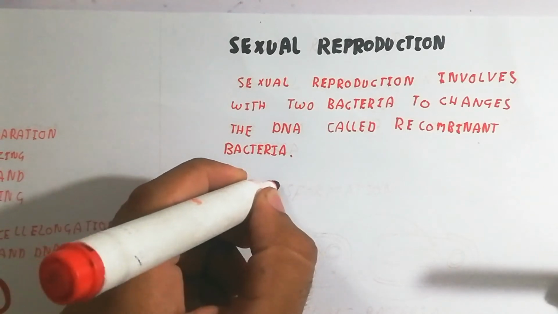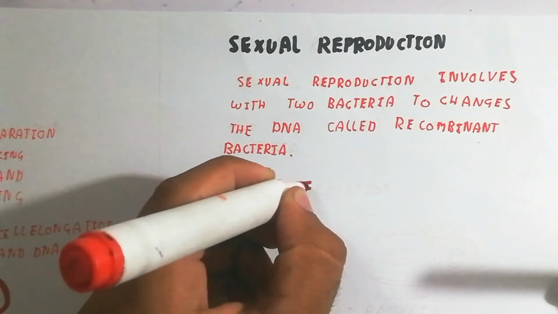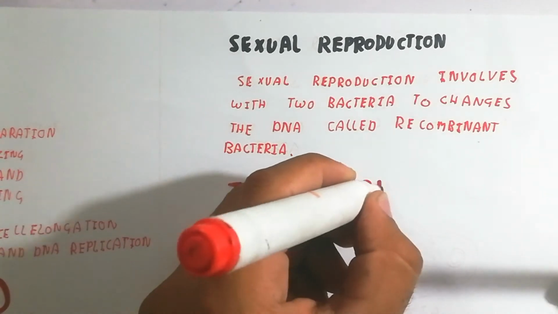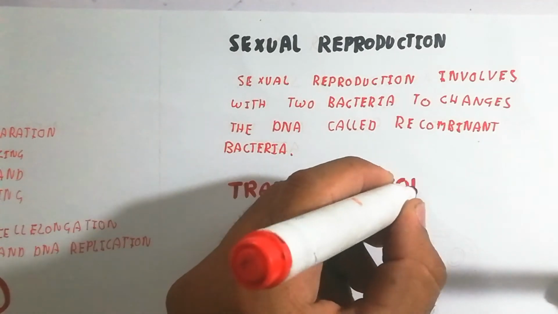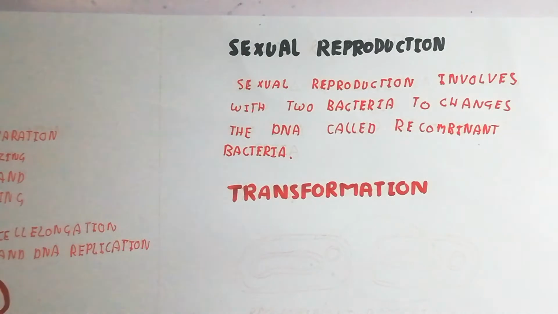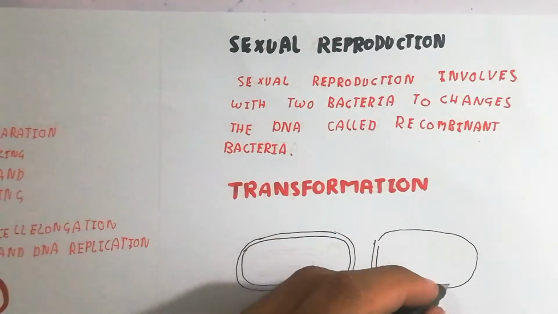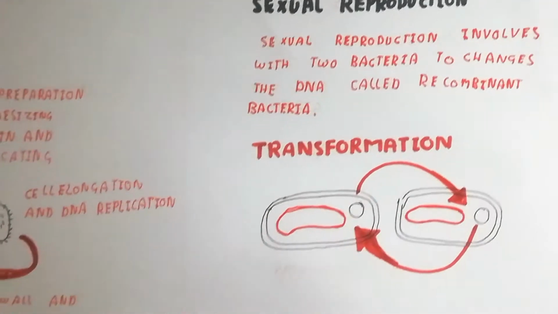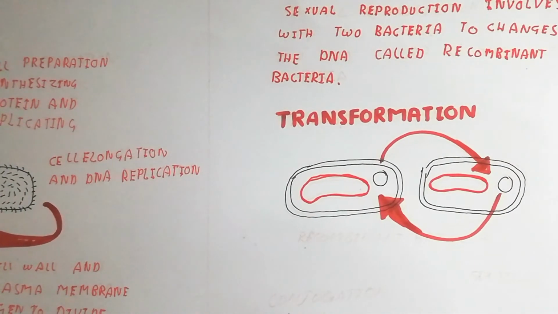That is why, in the evolutionary process, the bacterial DNA is interchanged to change every time it reproduces and produce a new organism, which is a recombinant and more efficient compared to its parent. So here is the transformation.